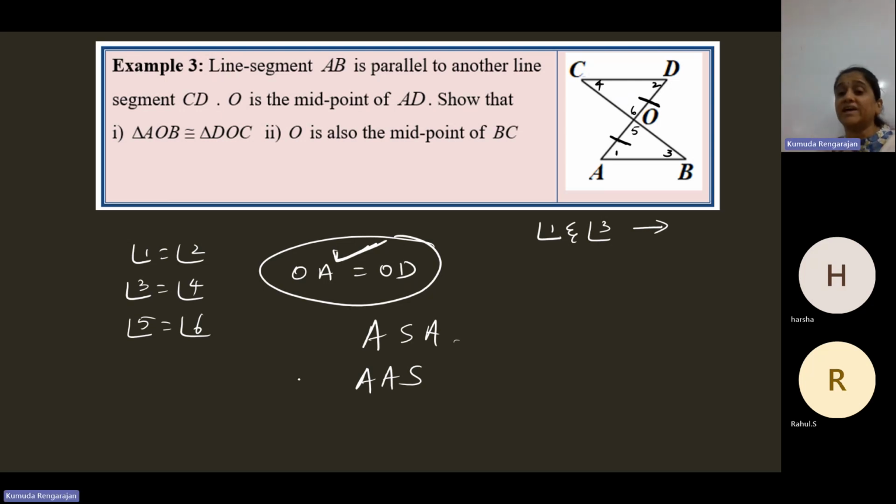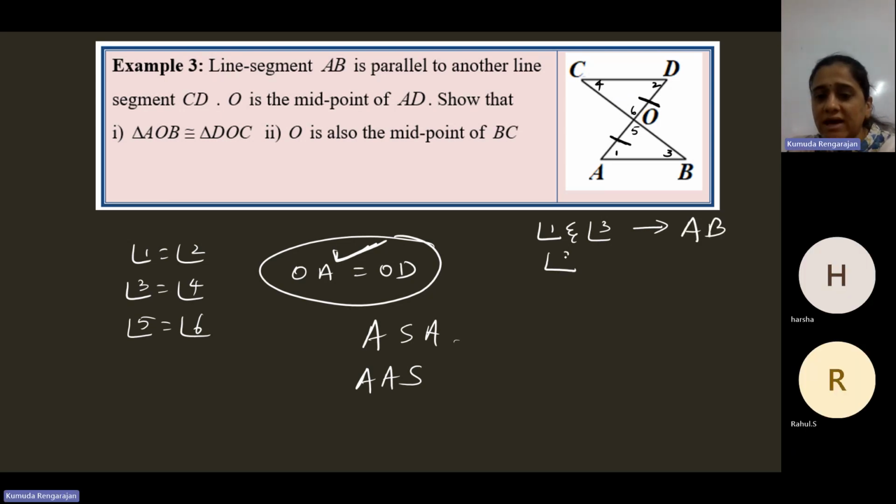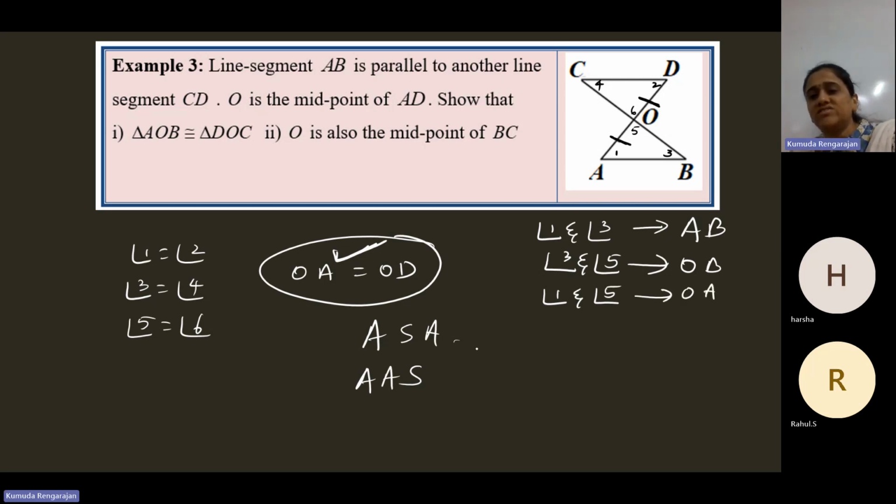Which is the included side for angle 1 and angle 3? AB. Which is the included side for angle 3 and angle 5? OB. Which is the included side for angle 1 and angle 5? OA. Which is the included side for angle 6 and angle 2?